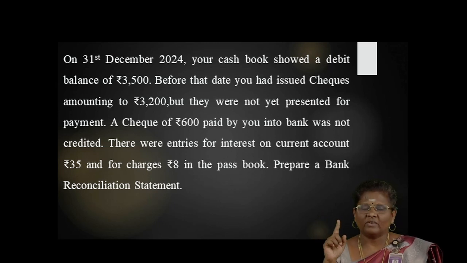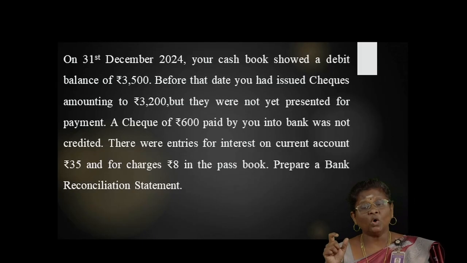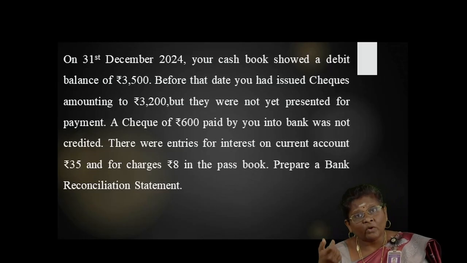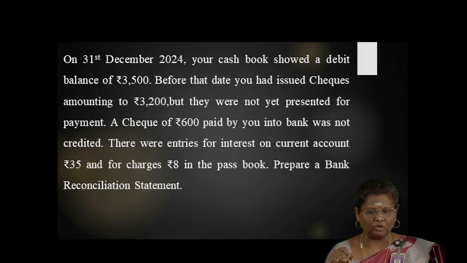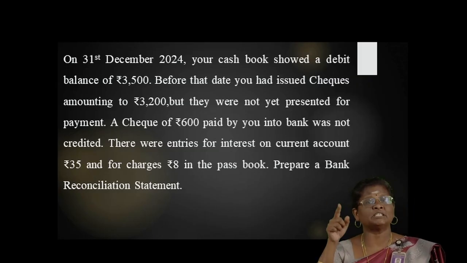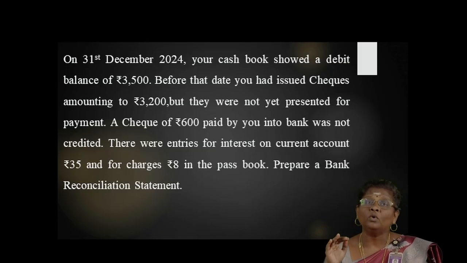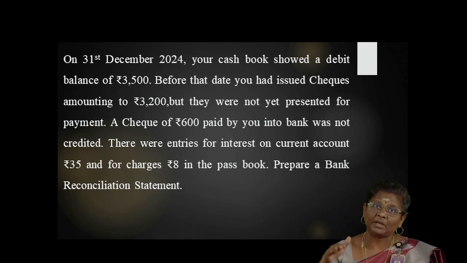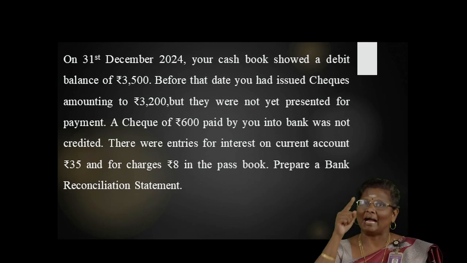Next, there were entries for interest on current deposit of rupees 35. The bank gave interest of rupees 35 in our account, and the bank also charged rupees 8 in the passbook. If the bank gives interest of rupees 35, the balance as per passbook is high, so the amount of 35 should be added.